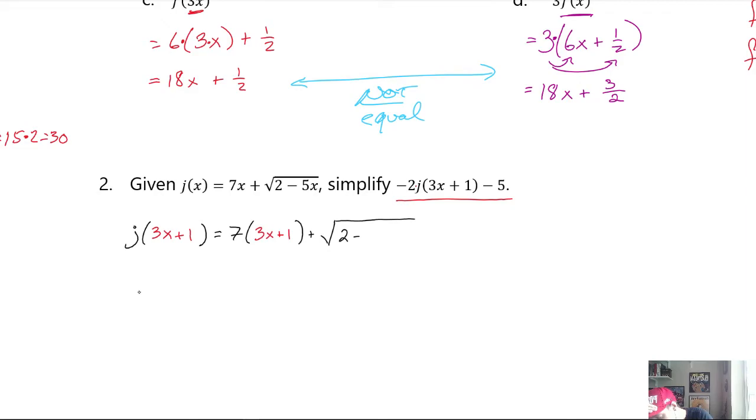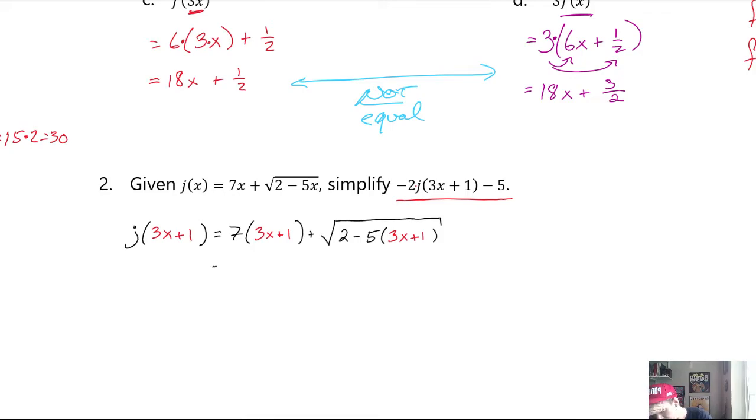So I have 7 times parentheses 3x plus 1, close the parentheses, that's replacing the x from the first one, then plus square root of 2 minus 5 times, and here we have an x, so we're replacing the x with 3x plus 1. Close our parentheses and close the square root.